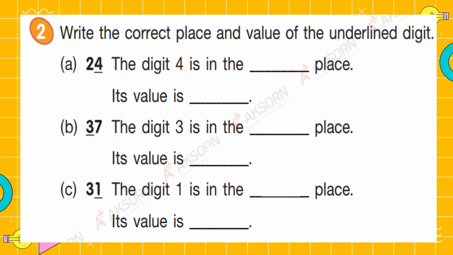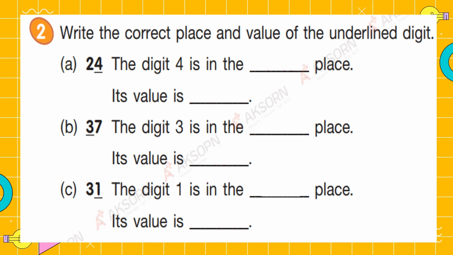Okay, so now let's go to number 2. We're going to write the correct place and value of the underlined digit. So for letter A, we have 24, 2 and 4.